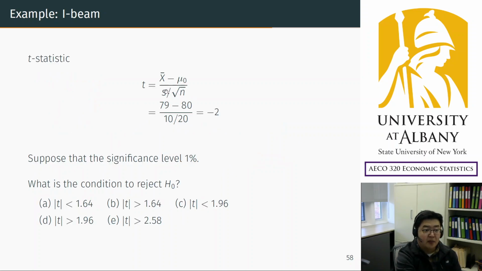And you know all the numbers. X bar is 79, mu zero is 80, standard deviation s is 10, and sample size is 400. The square root of 400 is 20. So it is easy to see that the answer is -2. -2 is the t-statistic.